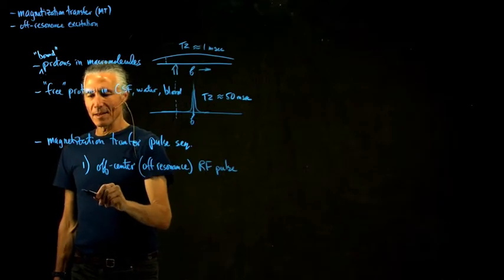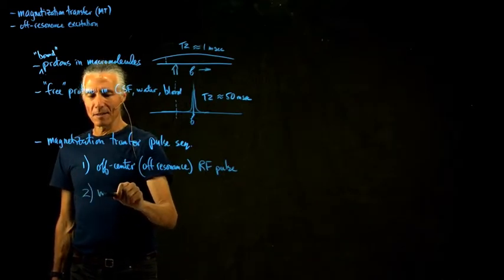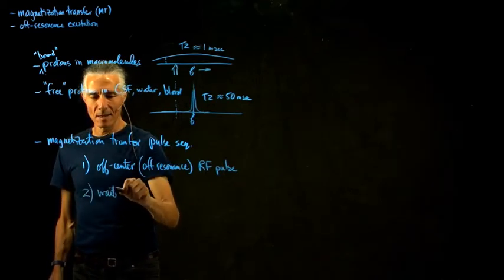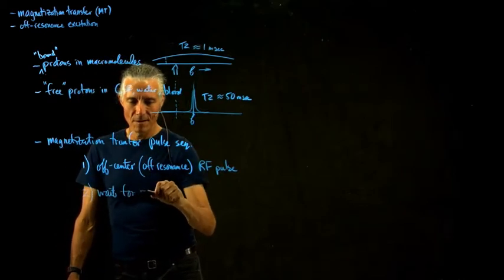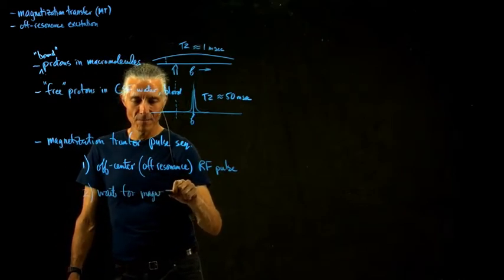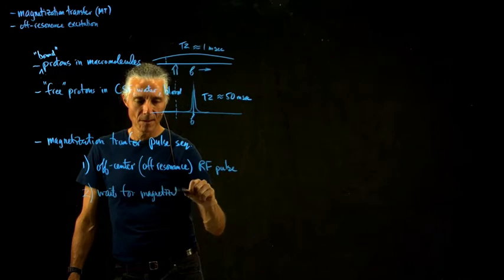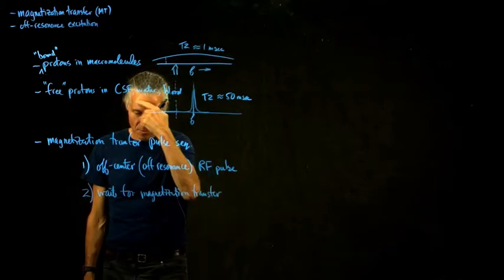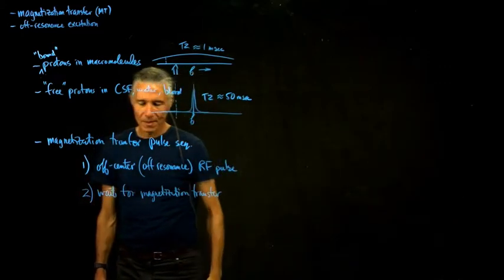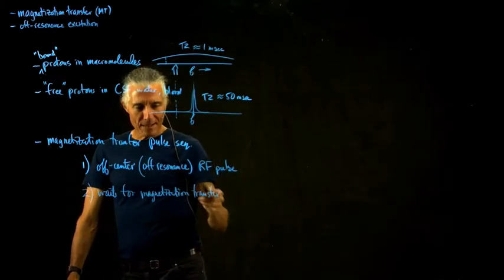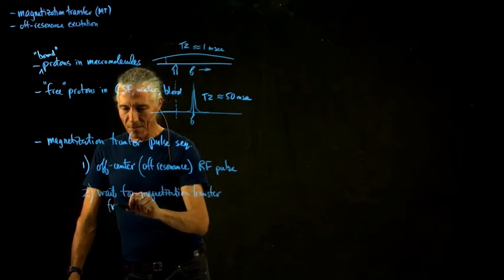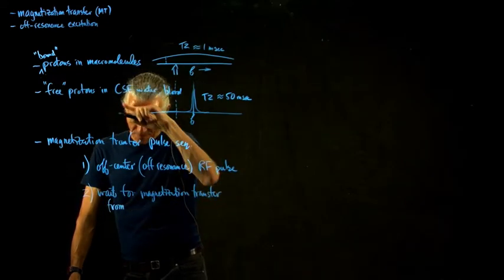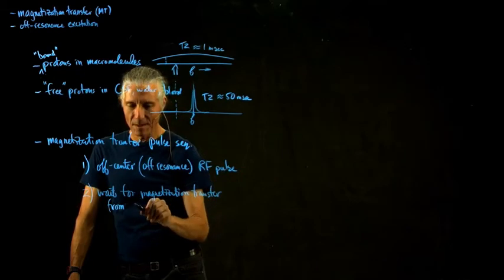Then we wait a little while for magnetization transfer. So we wait for magnetization transfer from saturated longitudinal of the bound protons, these guys, to the longitudinal magnetization of the free ones. What does saturated mean?